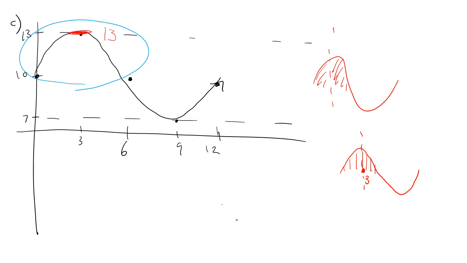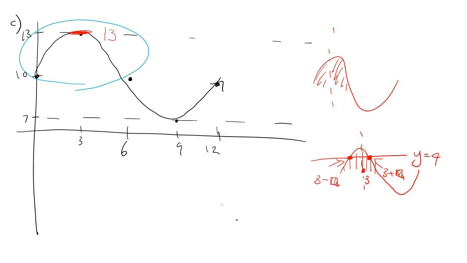So this is 3. And if I draw a horizontal line, let's say y equals 4, then that point would be 3 plus something, and that point would be 3 minus something, and the distances are equal to each other.